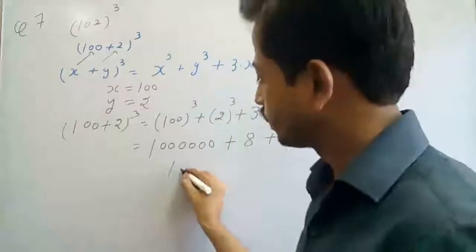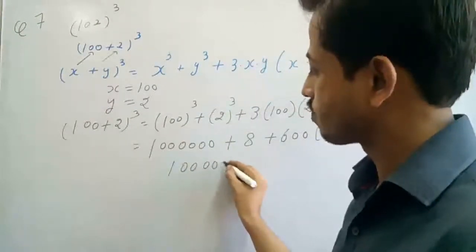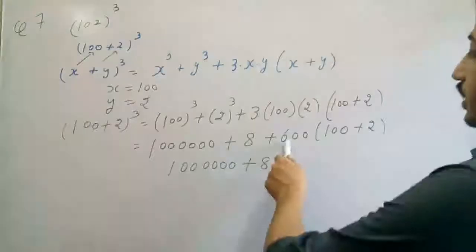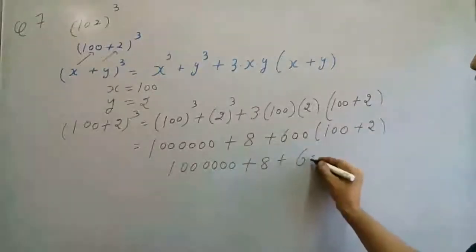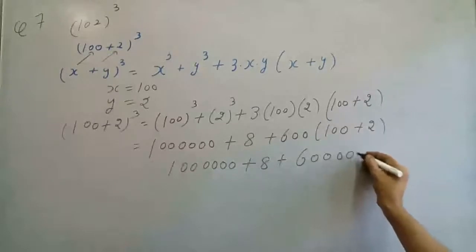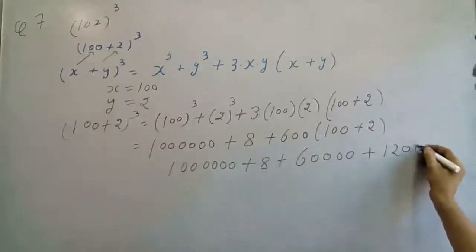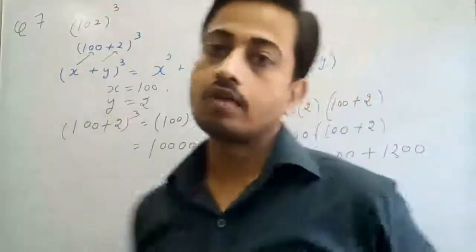Now do solve. 6 zeros plus 8 plus 600 into 100, we get 60,000. Now 600 into 2 we get 1200. Now we have to add.